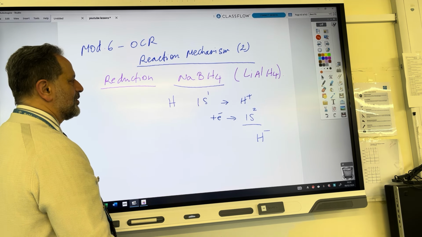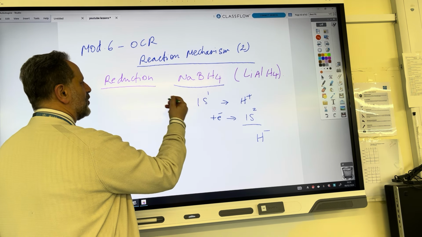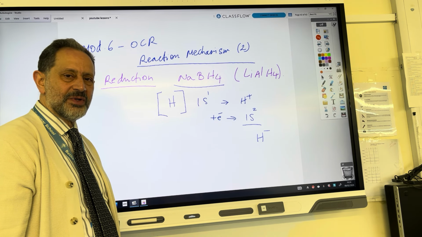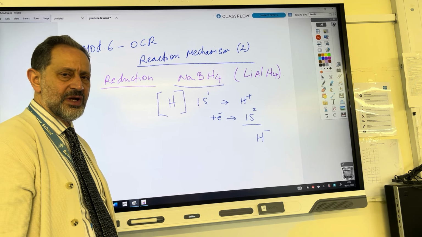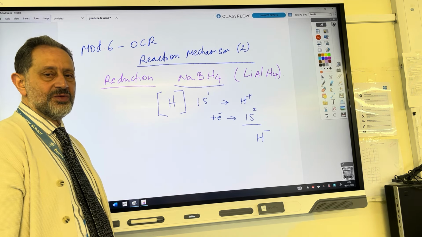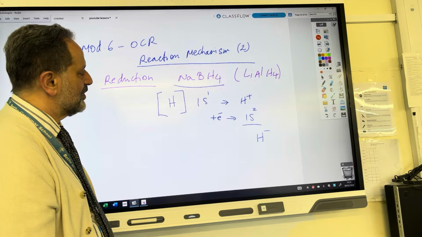How do we show that in chemical reactions? When we talk about reduction, the same way that we use uppercase O in square brackets for oxidation, we write uppercase H in square brackets. So that would be our symbol of something that is being reduced with hydrogen, for the hydride ion.